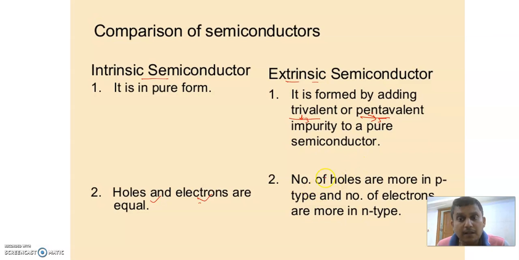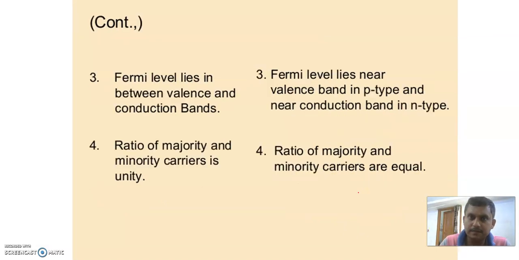But right now, the number of holes is more in p-type and the number of electrons is more in n-type. It means that in p-type semiconductor, the majority charge carrier is holes and the minority charge carrier is electrons, and vice versa. In n-type semiconductor, the majority charge carrier is electrons and the minority charge carrier is holes.